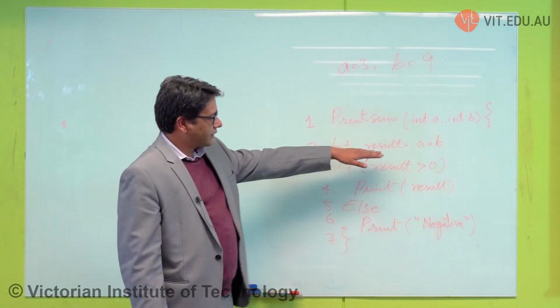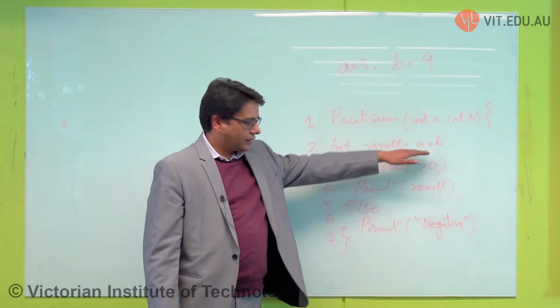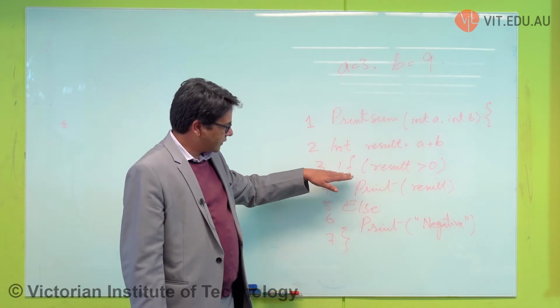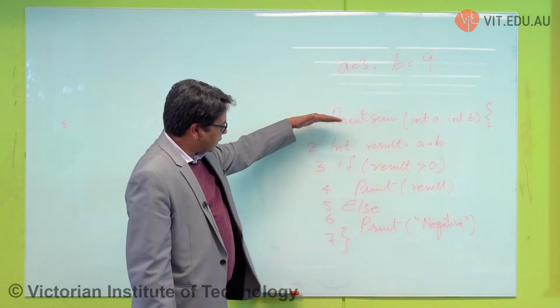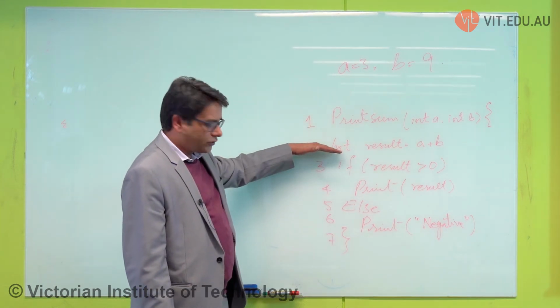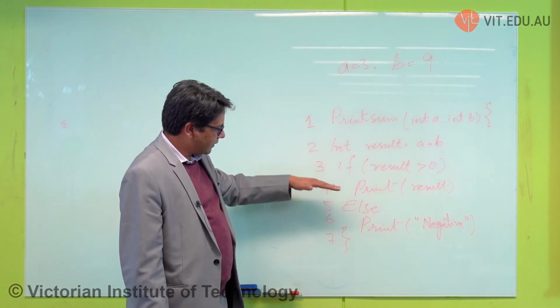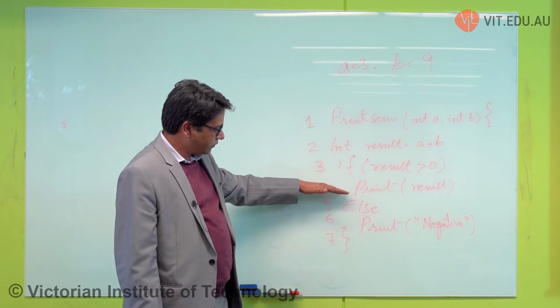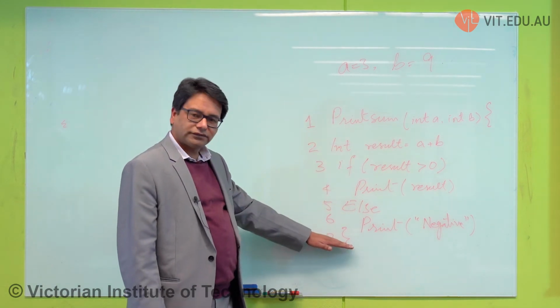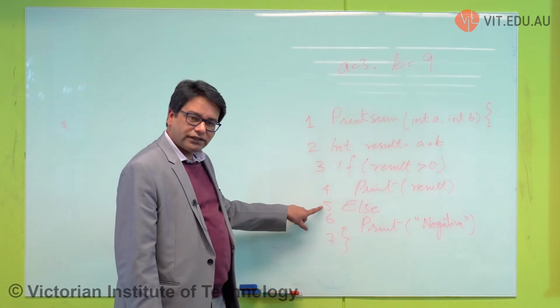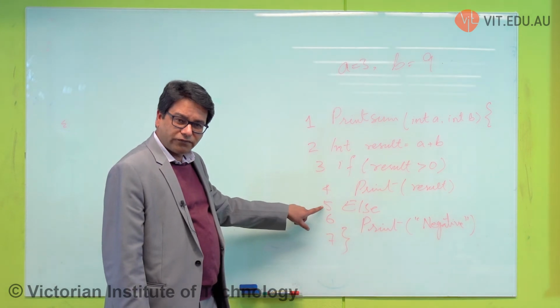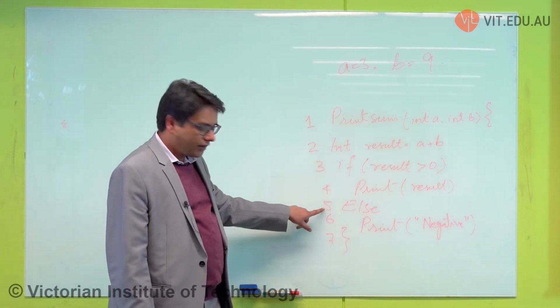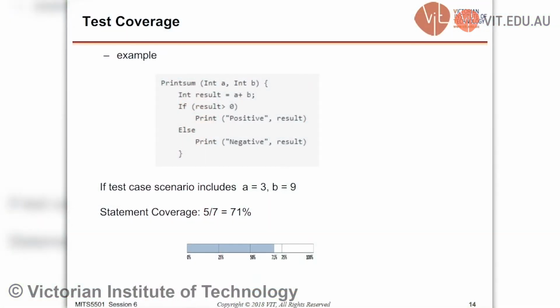The program will calculate, it's a positive number. So this is successful. So we execute statement 1, statement 2, statement 3, we execute this, 4, then what do we do? We come here. So we are not executing statement number 5 or line number 6.